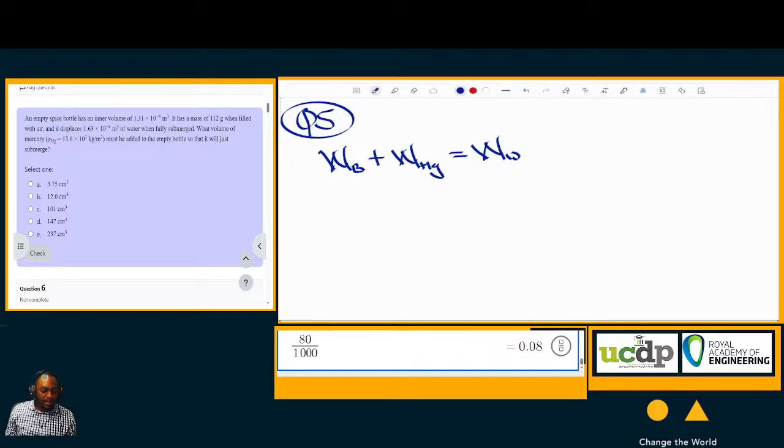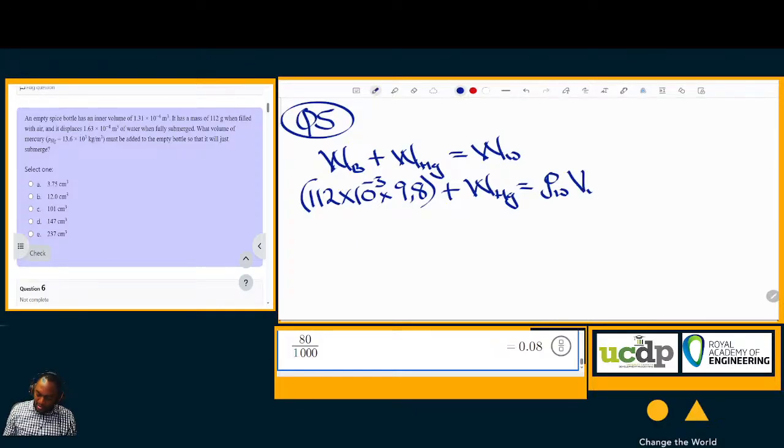Okay, so let's look at the parameters that were given. The weight of the bottle is 112 grams, which is 112 times 10 to the negative 3 kilograms, that's the mass, multiplied by 9.8. And we are looking for the weight of the mercury, which equals the weight of the water, which is the density of the water times the volume of the water times the value of g.